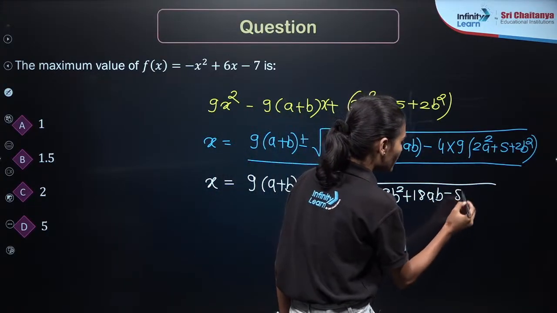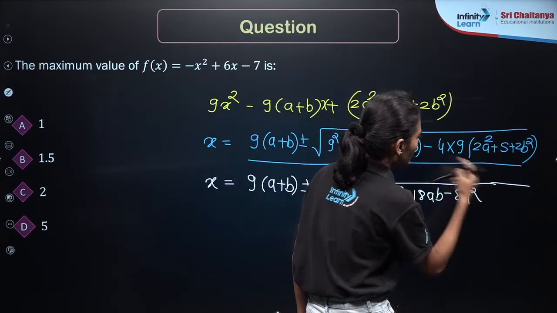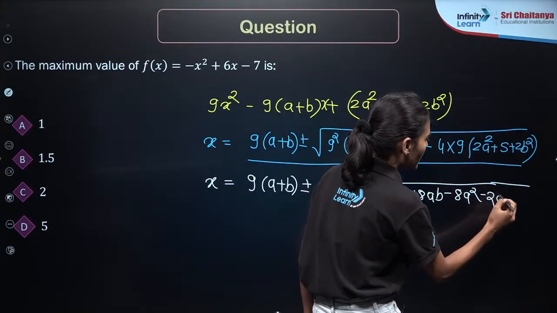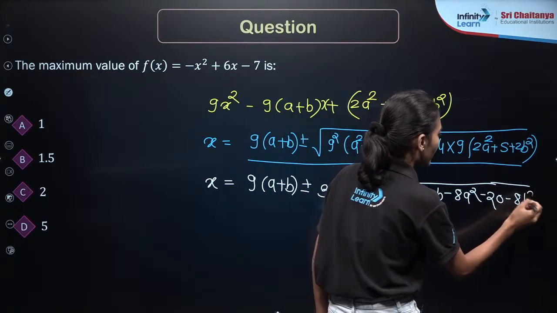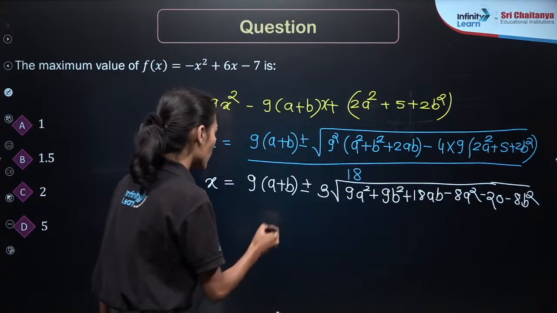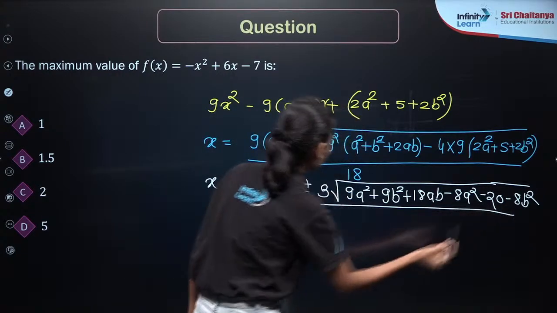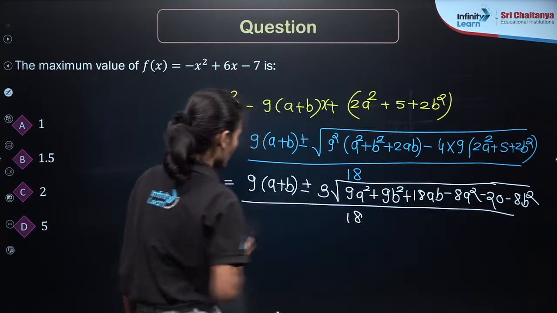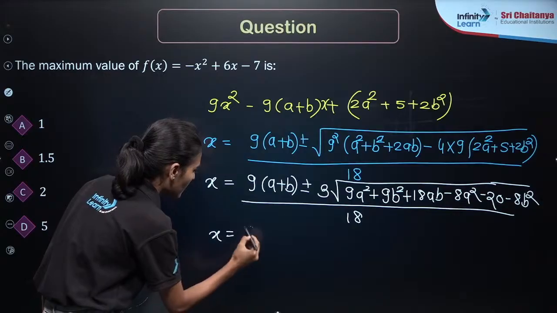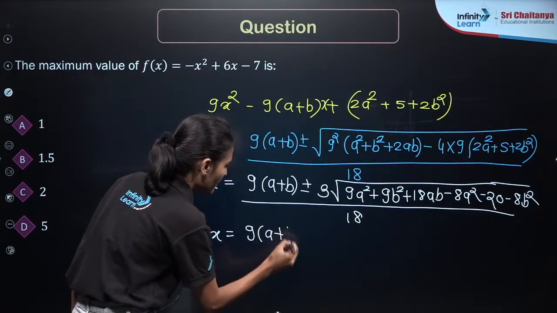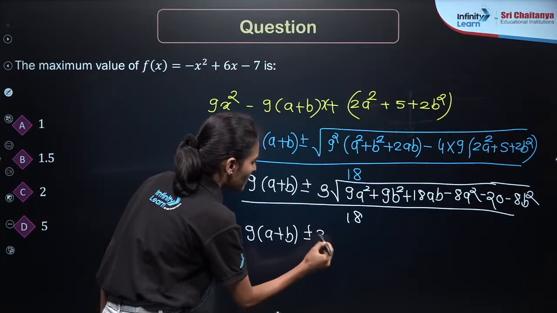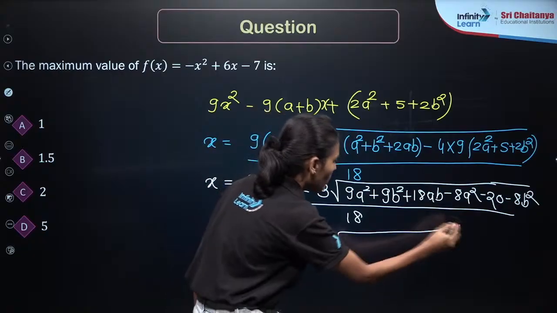Minus 4 into 2, 8a square. Next minus 4 into 5, minus 20ab, minus 4 into 2, 8b square. Whole divided by 18. So this is nothing but x as 9 times (a plus b) plus or minus 3 times under root.